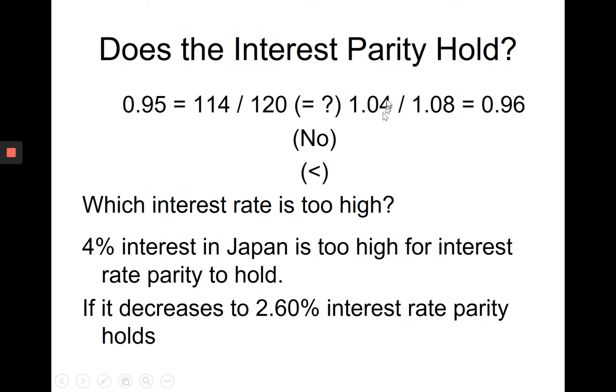Because if we borrow at 4% in Japan and later we have to pay for it, the dollar, which goes to a cheaper rate, would buy us less yen, and then this loan would be more expensive. The dollar would depreciate by more than 4%.